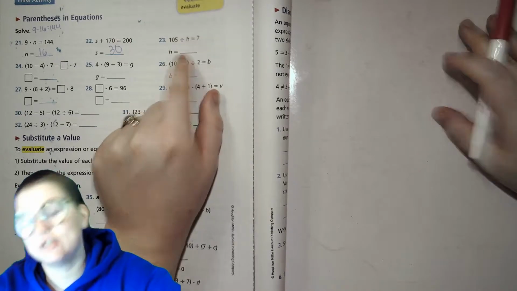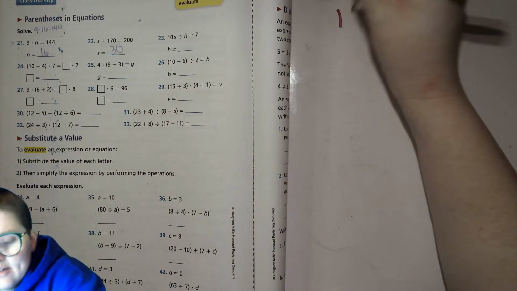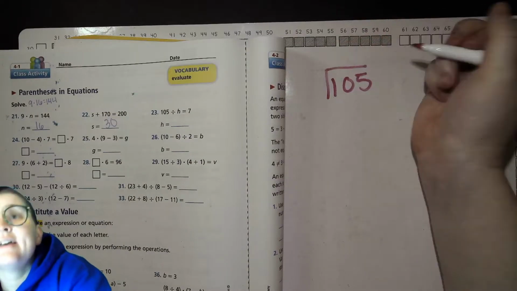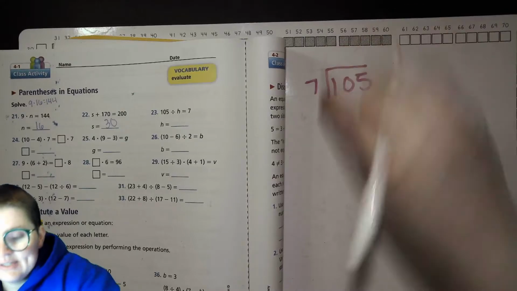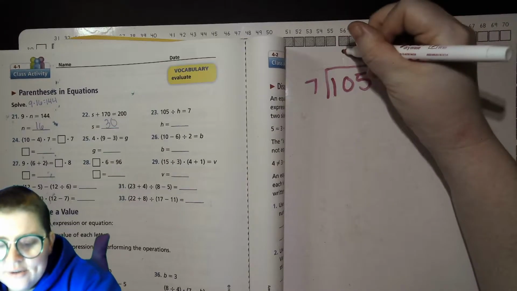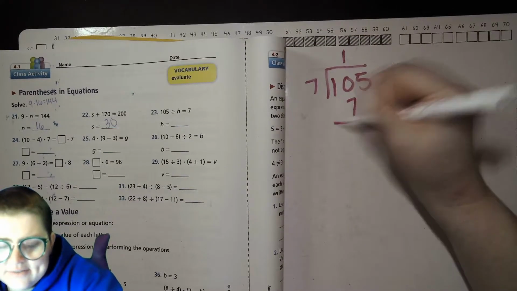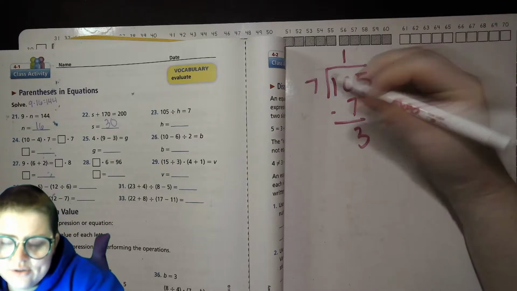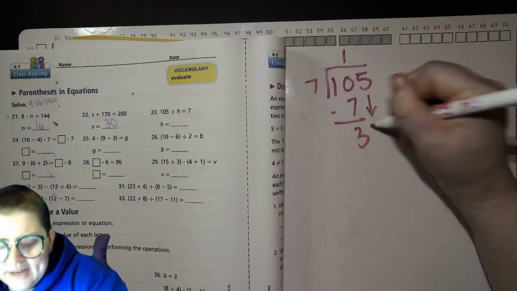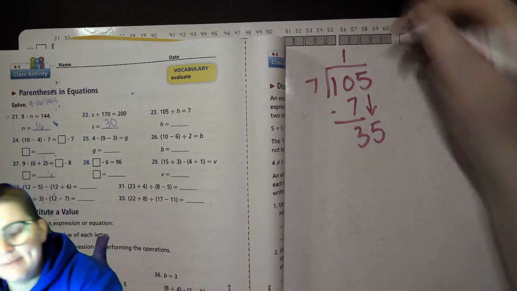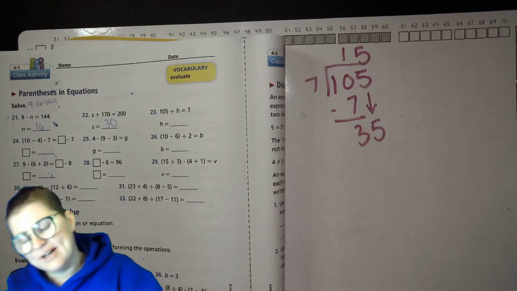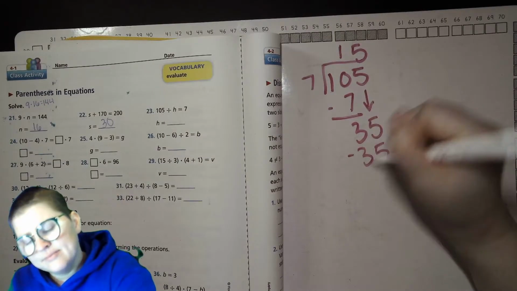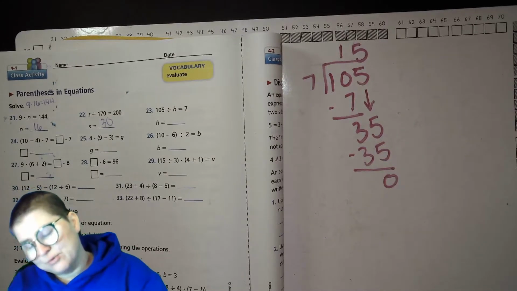This is the solution, right? 105 divided by 7. So 7 goes into 10 one time. You get 7. In fact, you get 3. Bring down that 5. Now you have 35. 7 times 5 is 35. And there's no remainder.